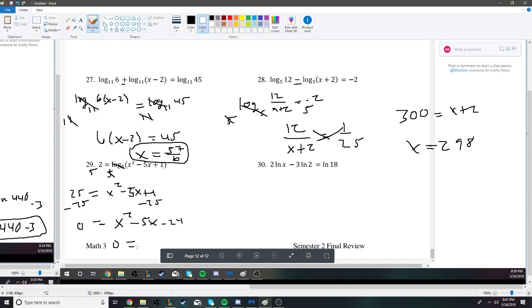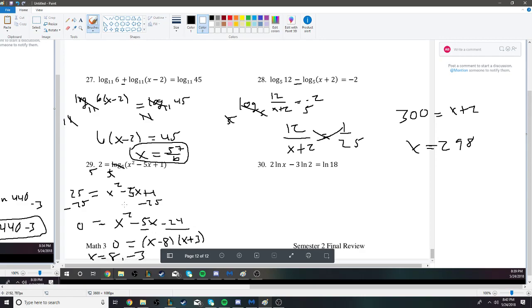Factor. Two numbers that multiply to negative 24 but add to negative 5. That would be a negative 8 and a positive 3. So our final answer should be x equals 8, negative 3.